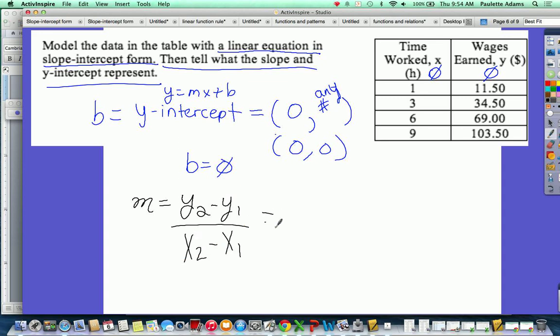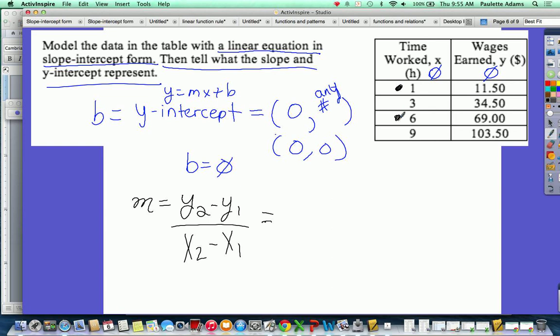Now, we can use any points we want. We just got to pick 2 of them off the table. Which points appeal to you? Let's do the one with x is 1. What's the other one that appeals here? 6? Okay.